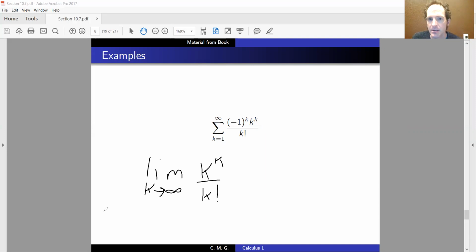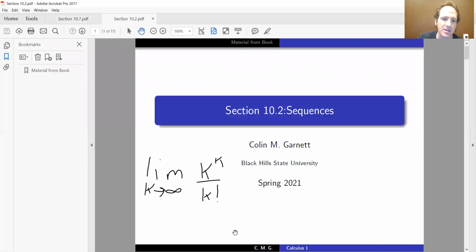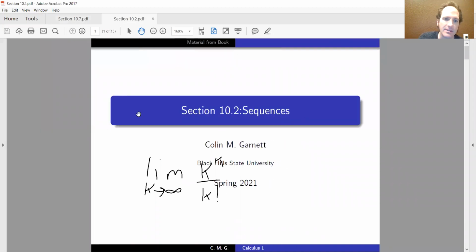Okay. And so we have to remind ourselves which one of these goes to infinity faster, because again, these are both going to infinity. And I suppose I could do some sort of limit, some sort of test here, right? I could do the L'Hopital's rule and try to go from there.